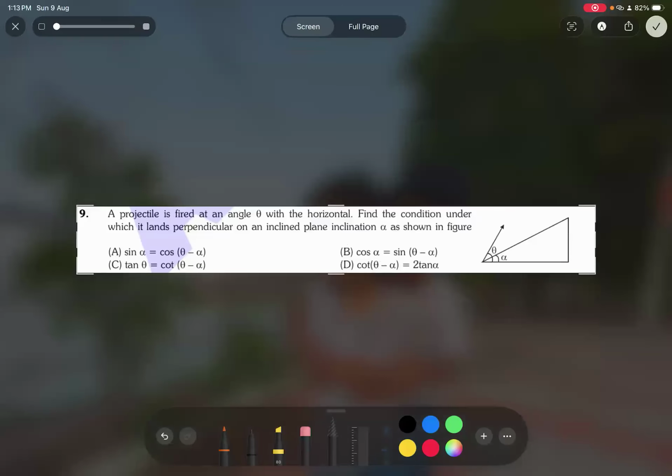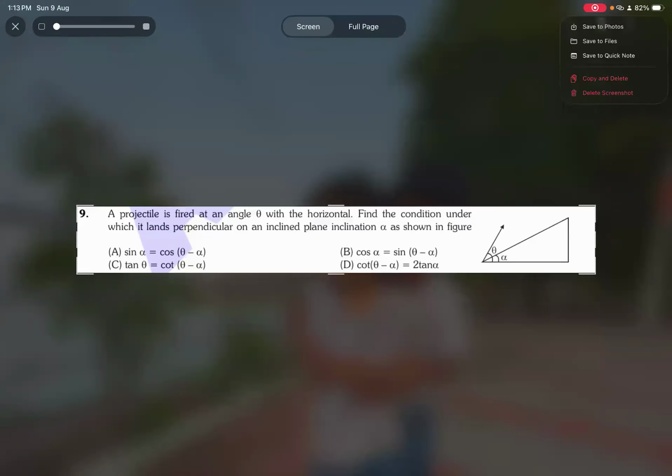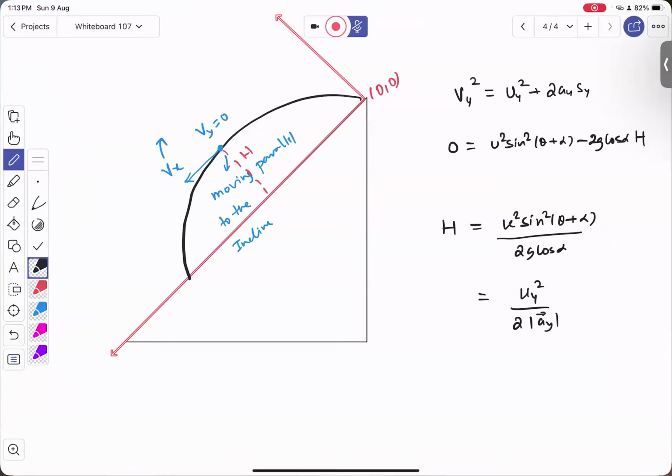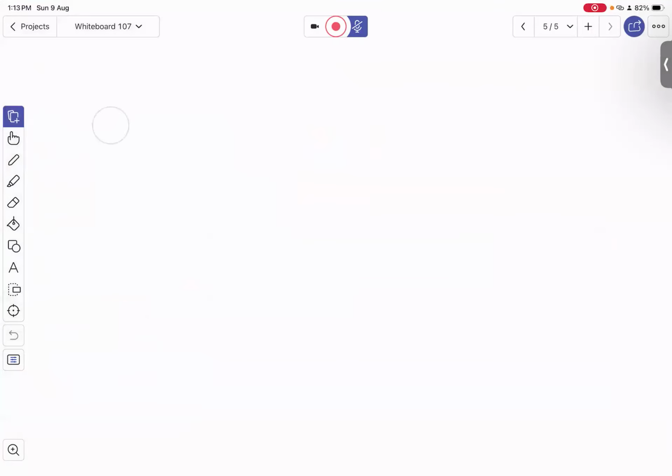So whenever it's hitting the inclined plane perpendicular to it, what angle is it going to make with the inclined plane? 90 degrees. Correct. So we will use that fact to figure out the answer.